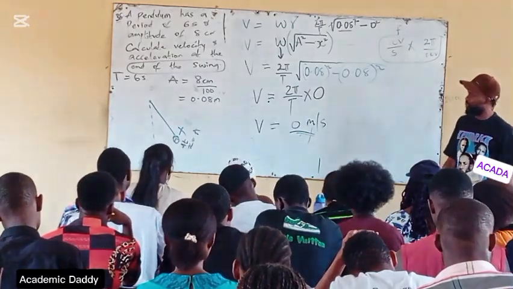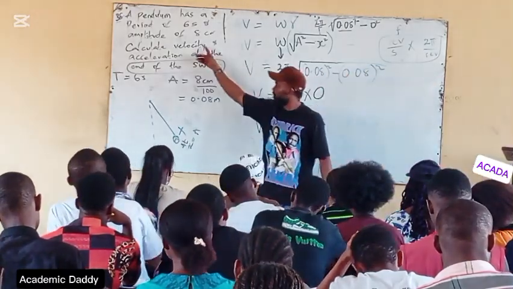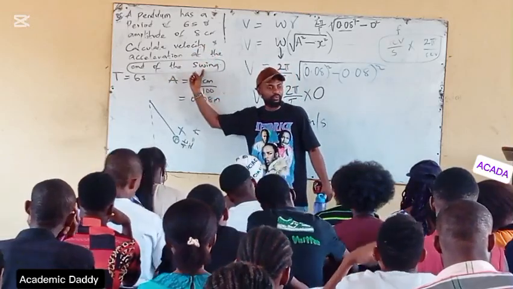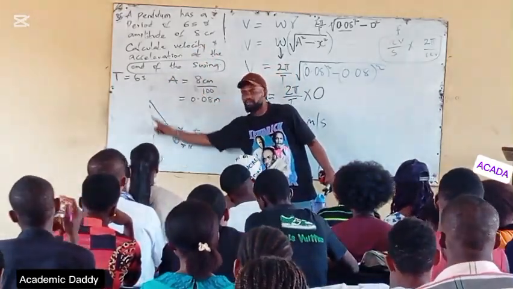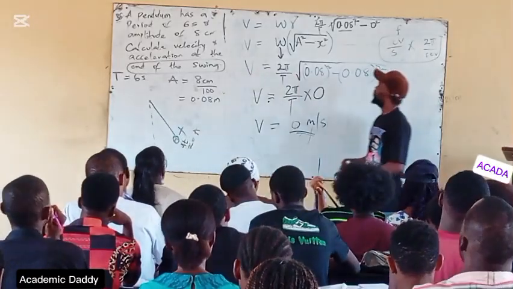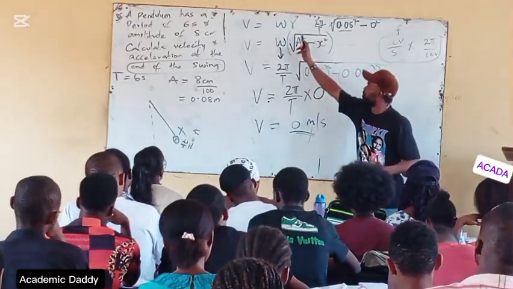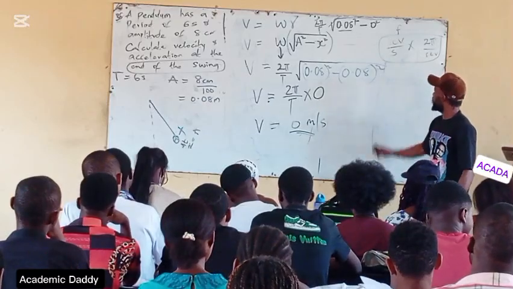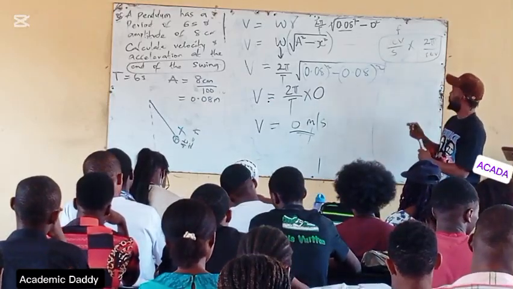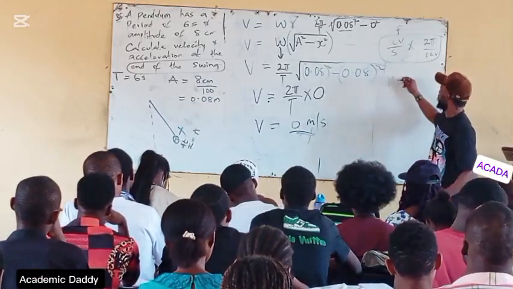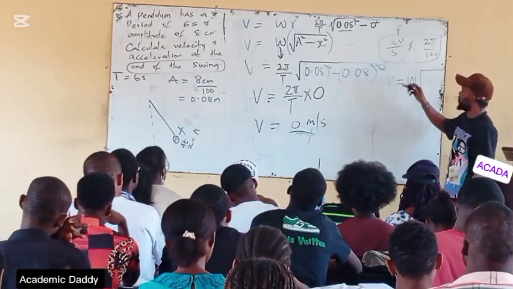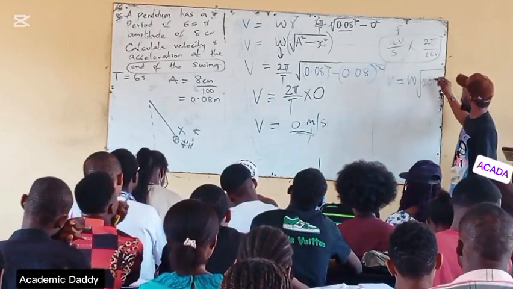If we are asked to calculate velocity and acceleration at the middle or at the point of equilibrium, at this point there will be no displacement. So at that point, this r, which is amplitude, minus x squared root, will now be set, in that case, when I have v equals w squared, then amplitude is 0.08 squared.